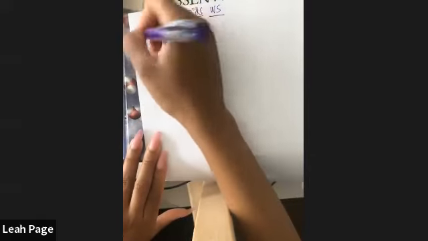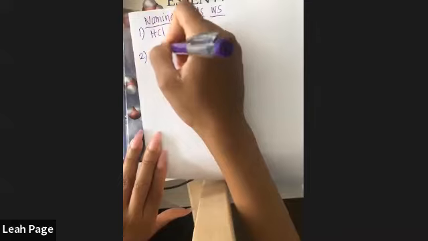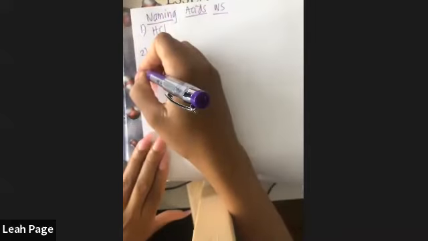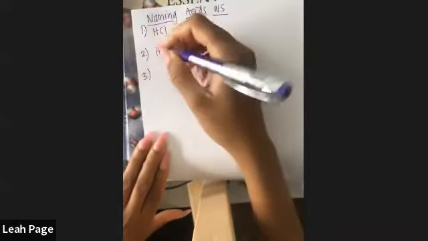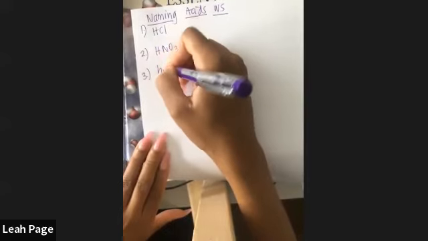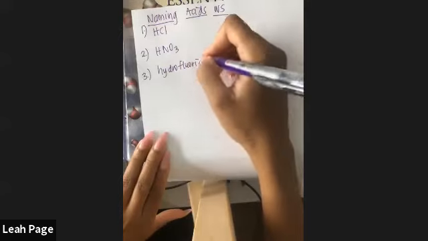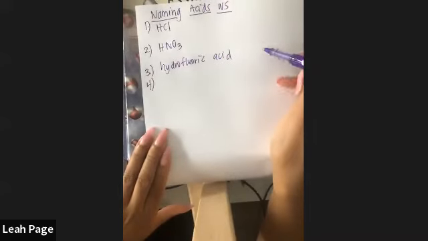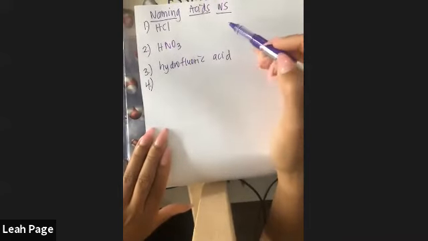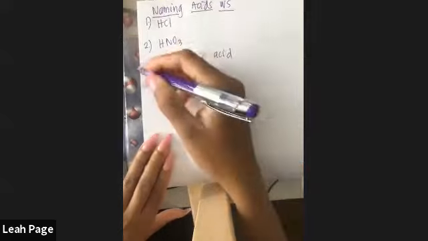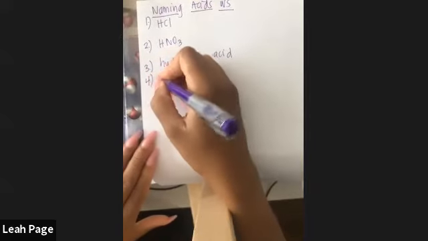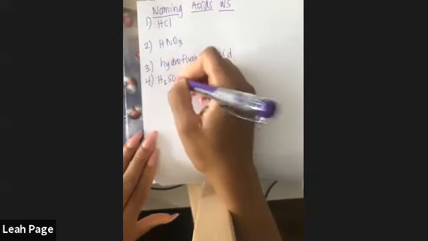I'm just going to do names and formulas, not the anion and cation. This one says hydrofluoric, and I'll do the first 10. If I write the name, that means I want you to write the formula. If the formula is already there, that means I want you to write the name of it. Then we have H2SO4.